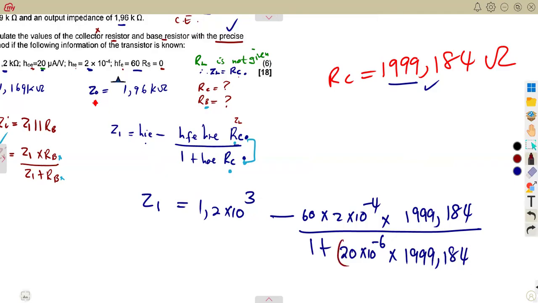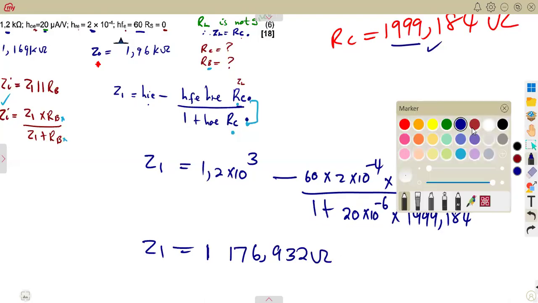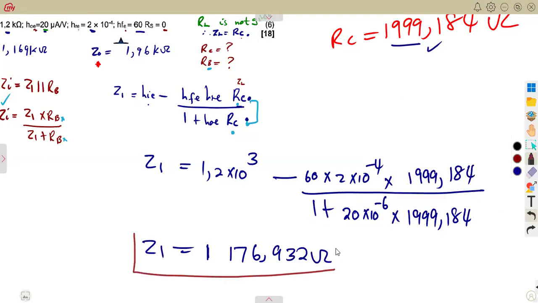This one is a single part. With this combination, definitely you are going to obtain the value of Z1, the input impedance of the transistor only, which is 1,176,932 ohms of the transistor only.